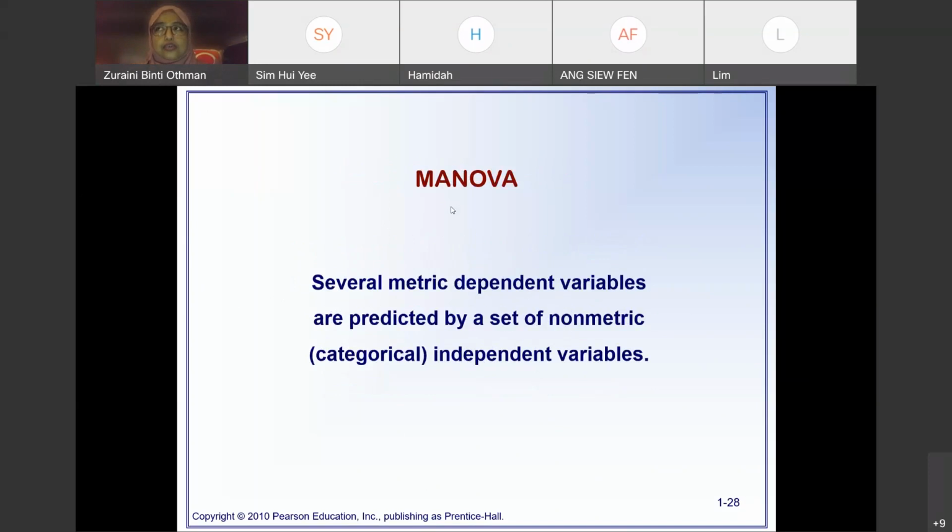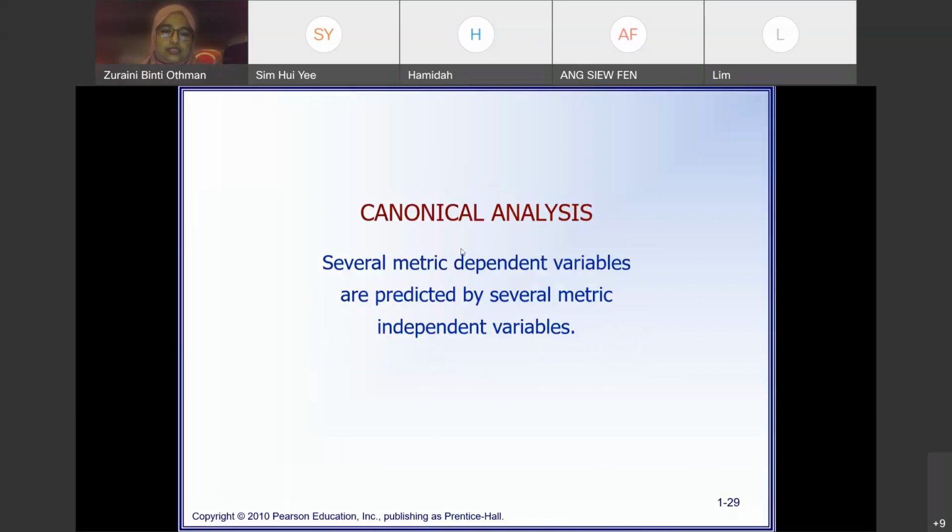After this, in the analysis of variance chapter, I will teach that chapter and introduce to you what MANOVA is. Then we will explain a bit more in that chapter. Then canonical analysis: several metric dependent variables are predicted by several metric independent variables.